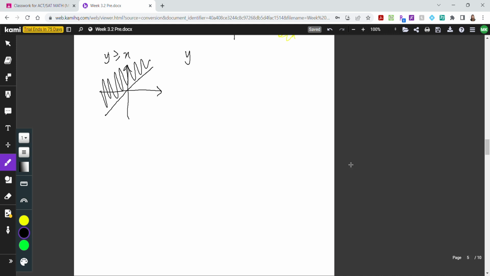When y is less than x, there we go. No equal sign, so it had to be dashed lines.